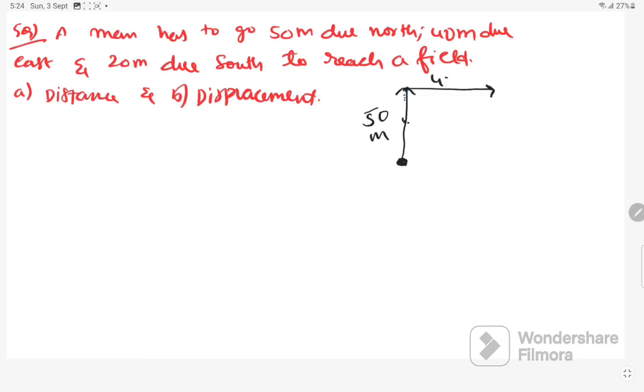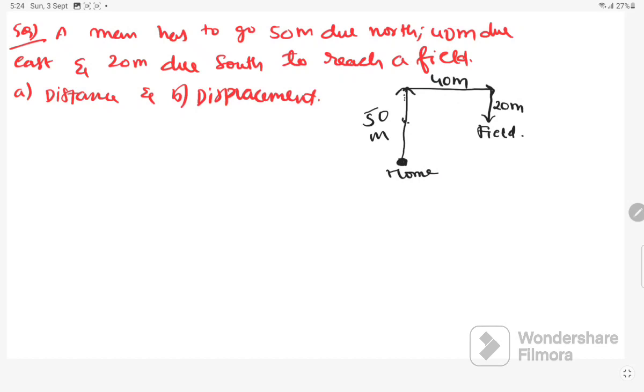Then he's traveling 20 meters towards south. Due south means towards south, right? South will be downward basically on the globe. Okay, this is the situation. This is the home and this is the field. Getting idea?